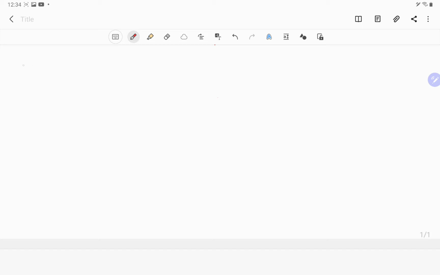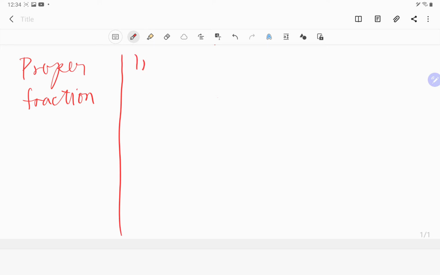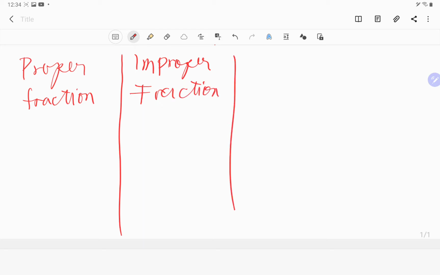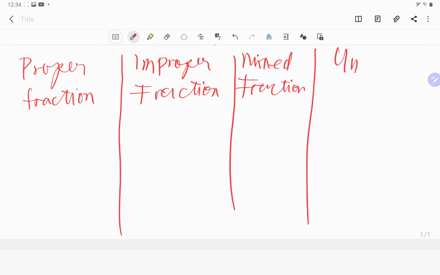So, we have proper fraction, tapos, meron tayong improper fraction. Tapos meron tayong tinatawag na mixed number or mixed fraction. Tapos meron tayong tinatawag na unity. Anong pinagkaiba ng apat na ito?